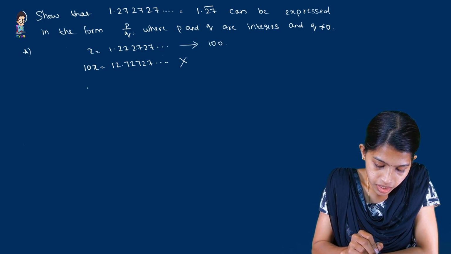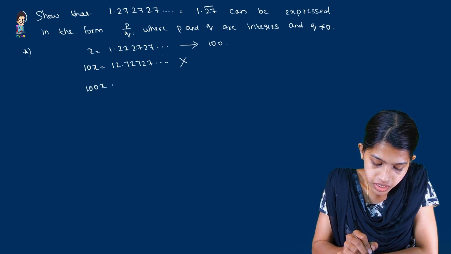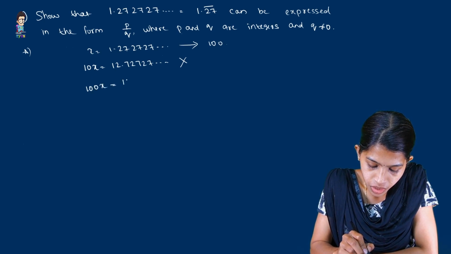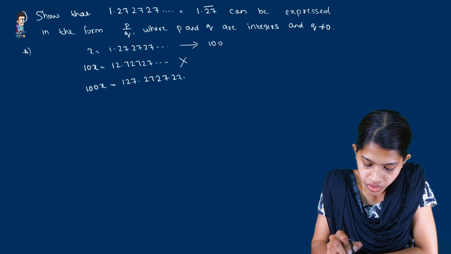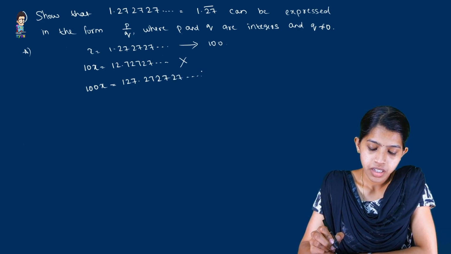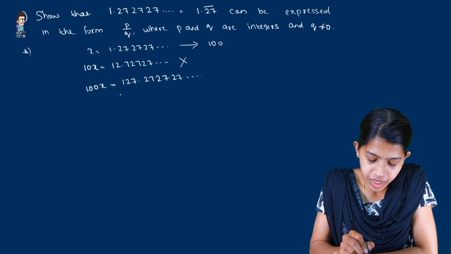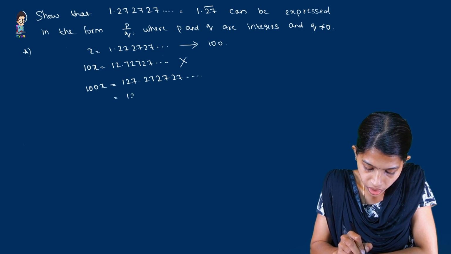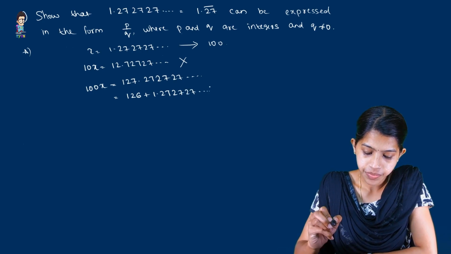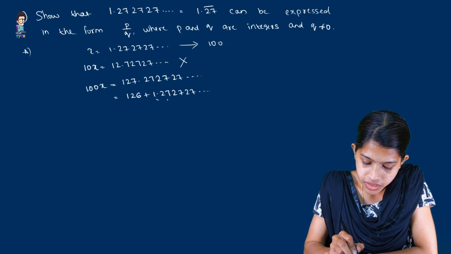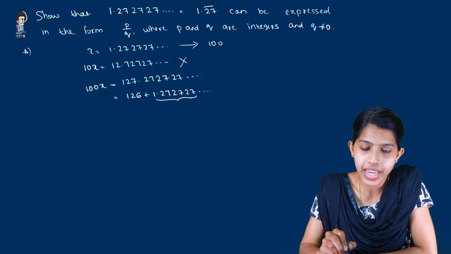So, this will be 100x is equal to 127.272727 etc. And this number can be represented like this, that is 126 plus 1.272727, right? And what is this number? This is our x.